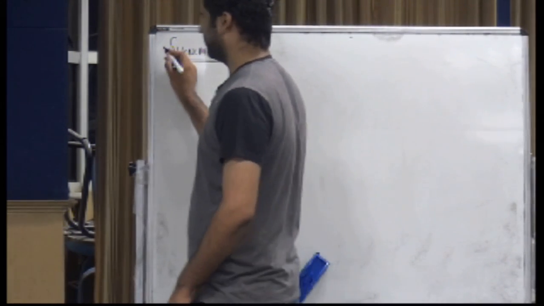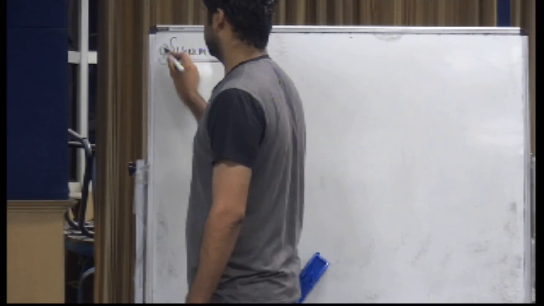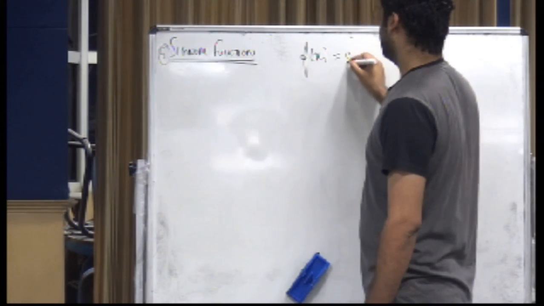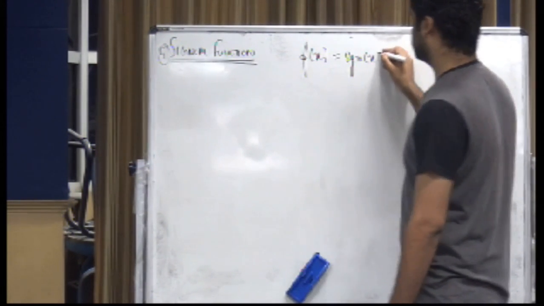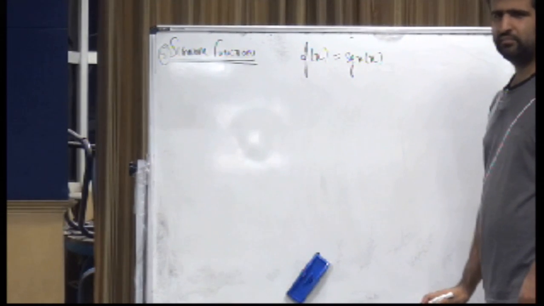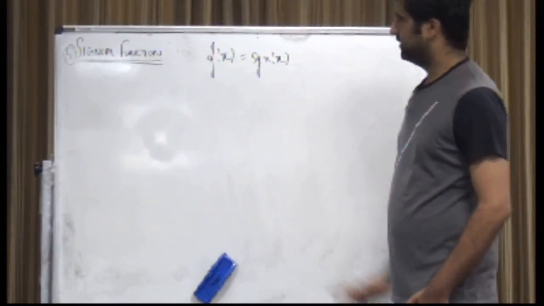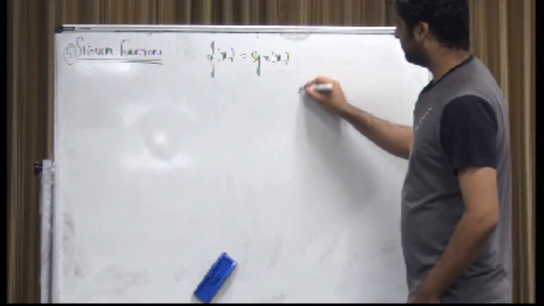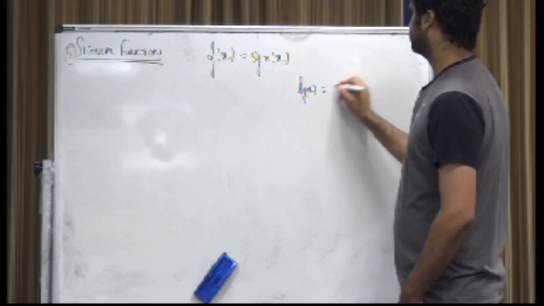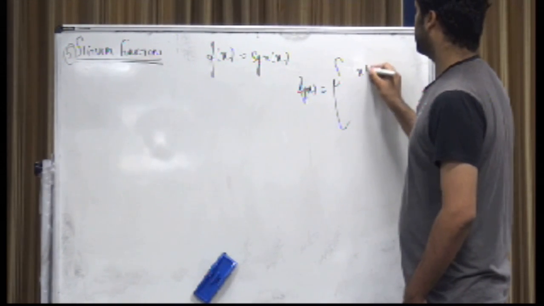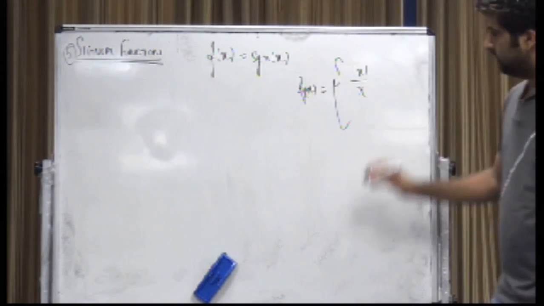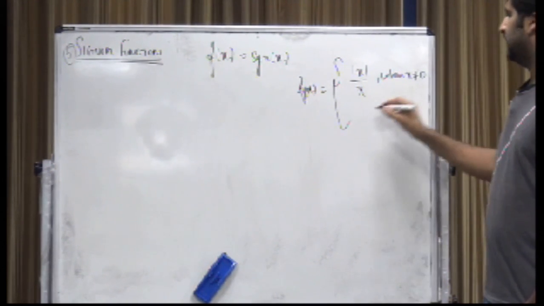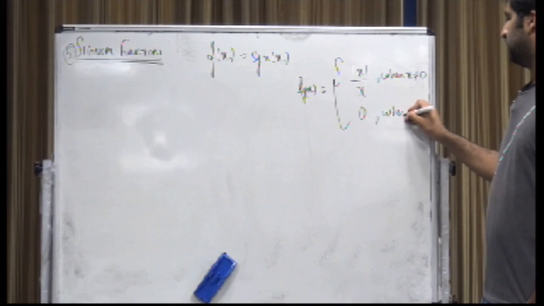The fifth one. So signum function is written like this: f(x) is equal to sgn of x, right? It's not sgnm. Sgn of x, signum of x. Or the other definition is like this: f(x) is equal to mod x upon x when x is not equal to 0 and 0 when x is equal to 0.